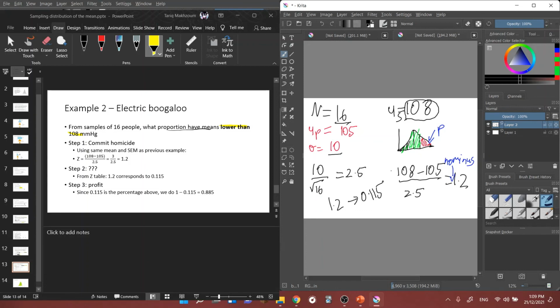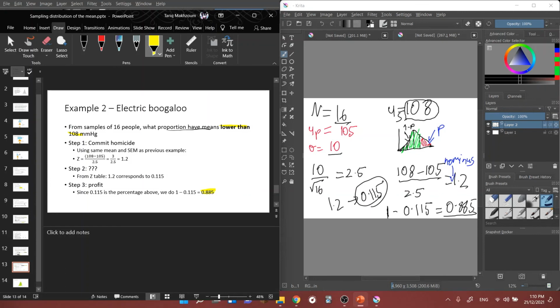And if you want to find 1 minus p, which is what we're looking for, you take 1 minus this probability. So 1 minus 0.115 gives you 0.885. And that's our answer.